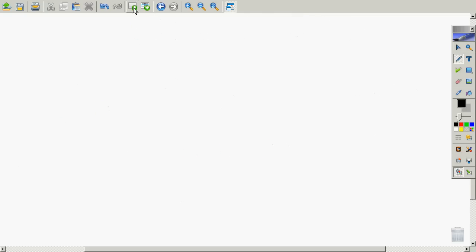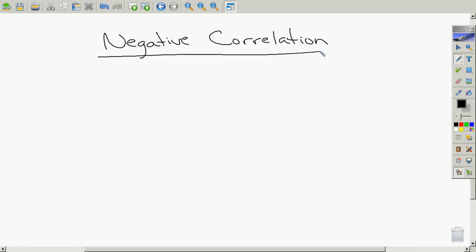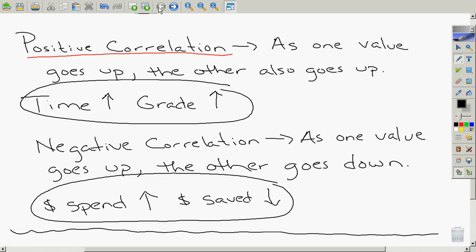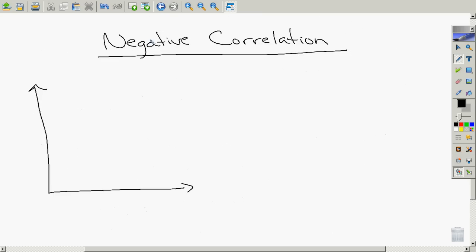Okay, so we also have negative correlations. And let's look at what that looks like on a graph here. So I'm going to draw a first quadrant coordinate plane here like this. And I'm going to go back to my example that I used at the very beginning with money spent and money saved.